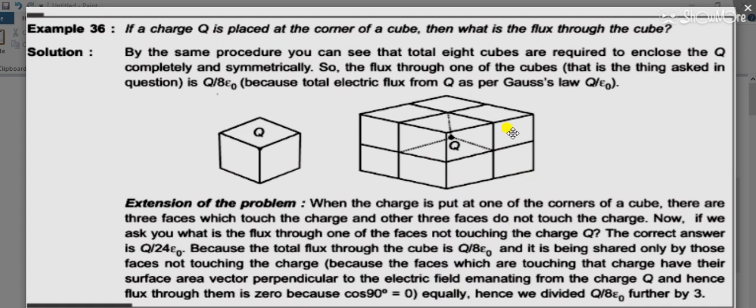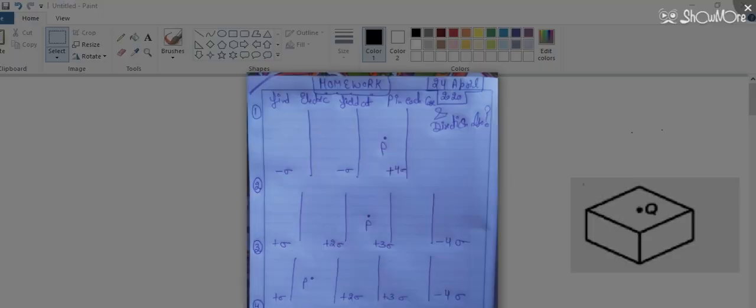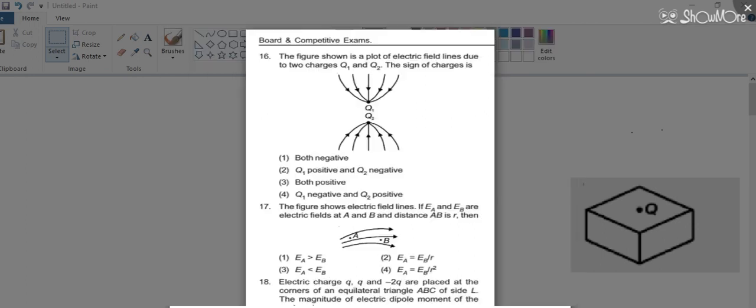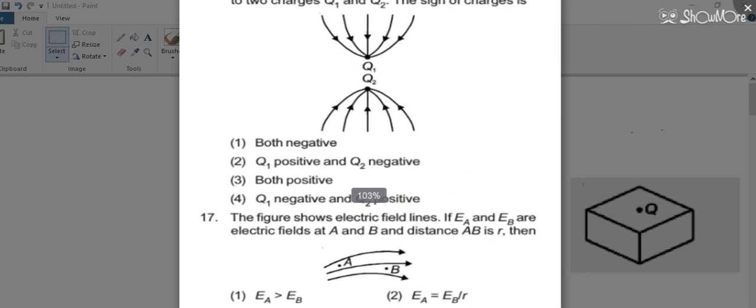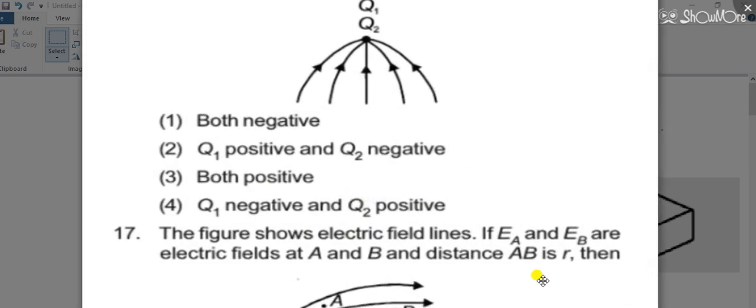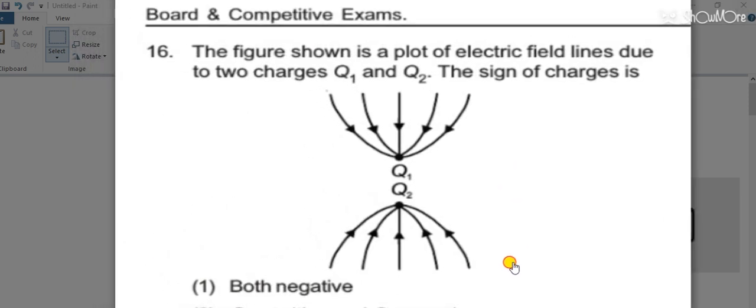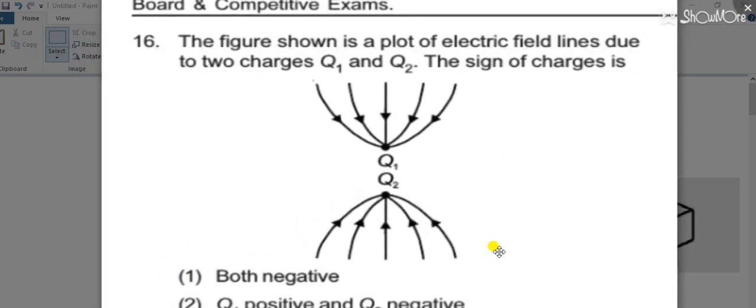Now moving ahead, we are moving to some other questions that are linked with the electric field. The figure shows a plot of lines due to charges. Here the lines are moving inward, that means this charge is negative.